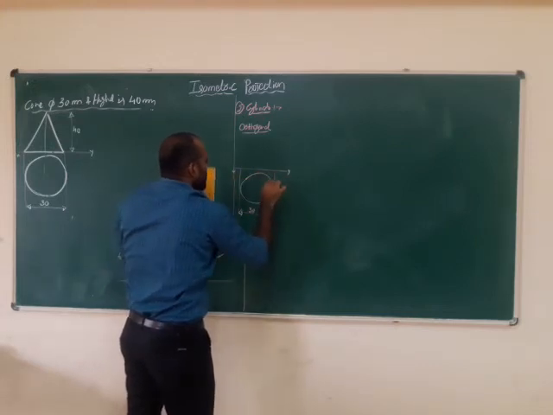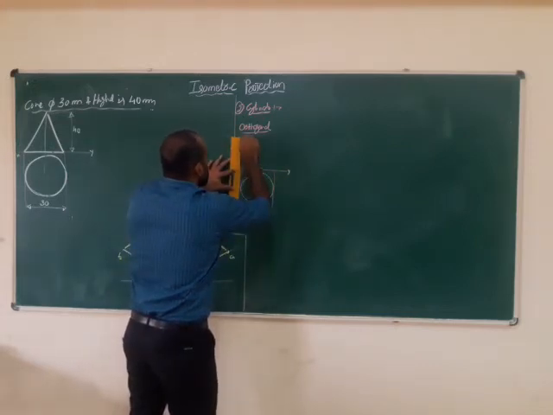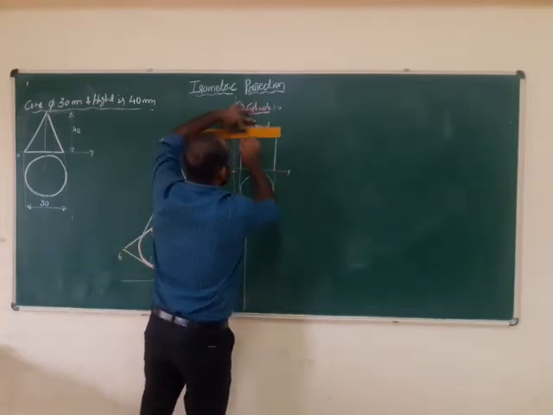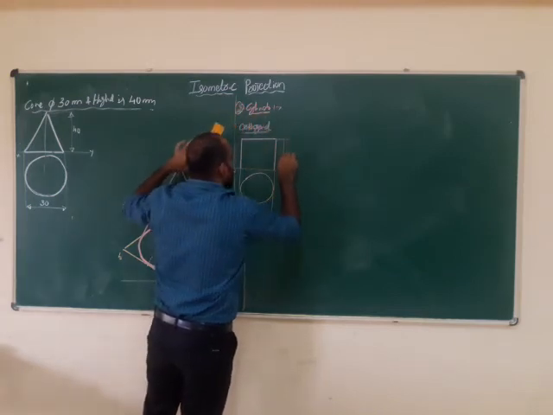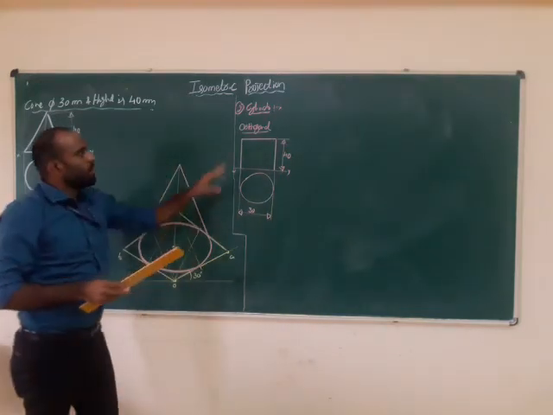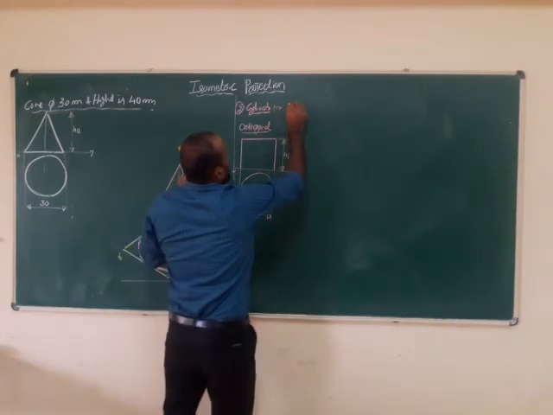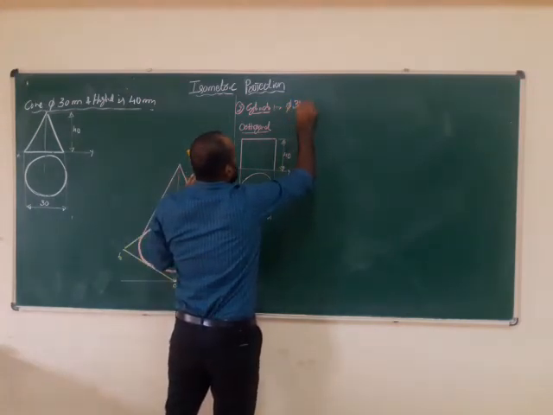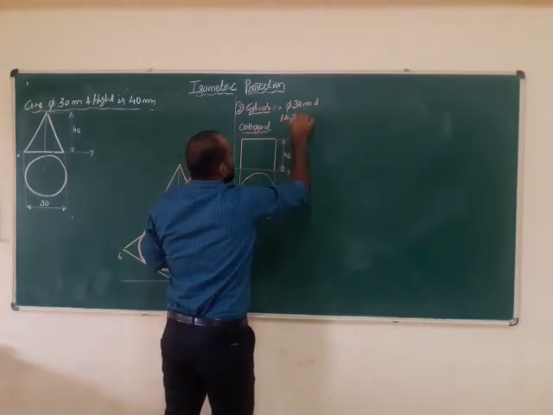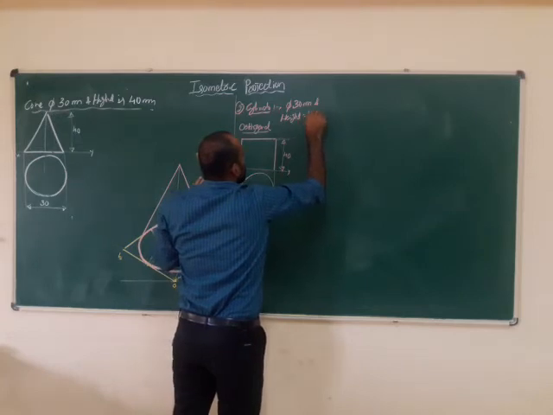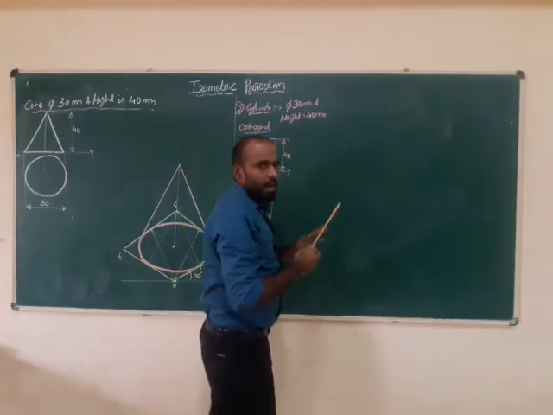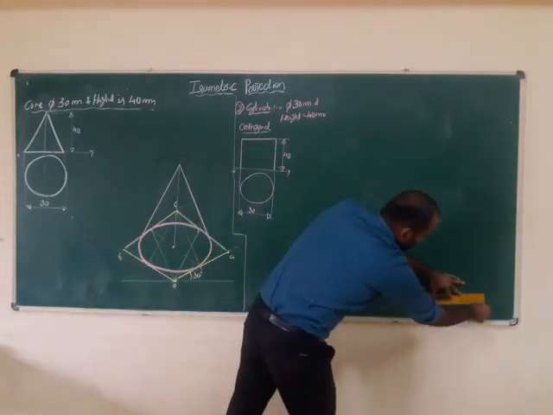After that, you have to project, and the cylinder height is also given, for example 40. The height is 40. This is called a cylinder in orthogonal. The cylinder diameter is 30 mm and height 40 mm. Orthogonal view.